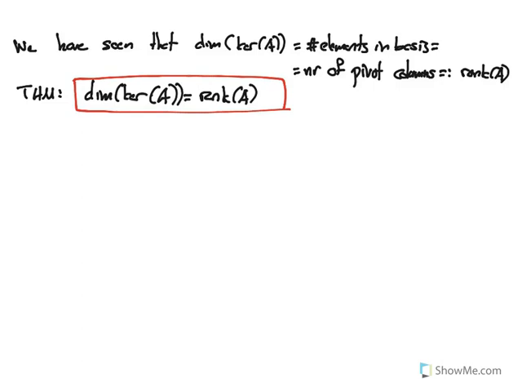And we have another theorem that says something about the, so here I talked about the, no, what am I doing? This is not the kernel that I just talked about, this is the range. So the kernel is next. So the dimension of the kernel of A, well, what is this equal to?